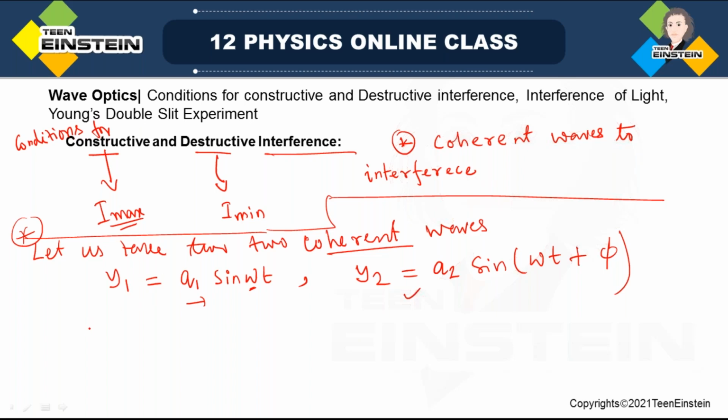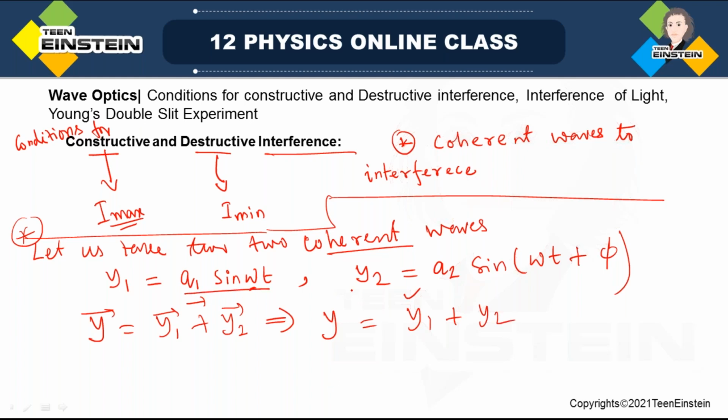All right. So now superposition means, according to the superposition principle, the resultant displacement, if that is y, will be the vector sum of the two. So this is what we know. For the time being, let us not deal with the vector. We'll just go for the scalar expression.